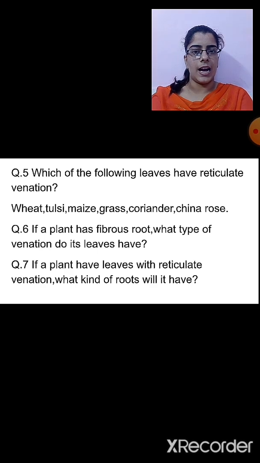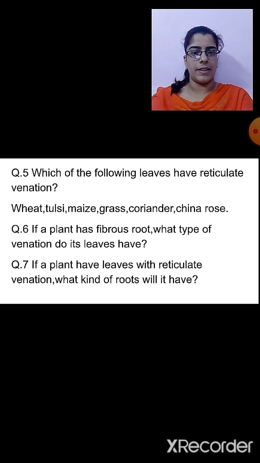Whereas in wheat, maize and grass, we see the parallel venation. Question number 6. If a plant has a fibrous root, what type of venation do its leaves have? We have studied the relation between the roots and the venation of the leaf. So, if the plant has the fibrous root, the leaves will have the parallel venation.